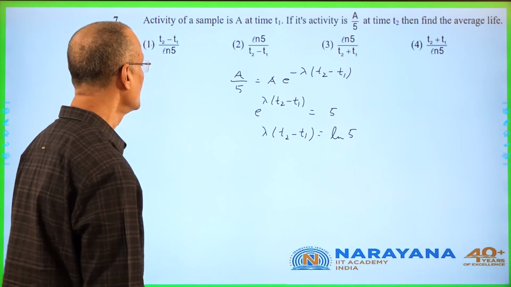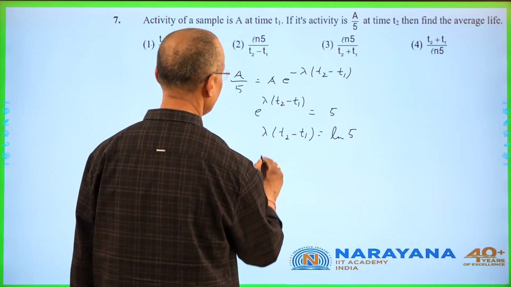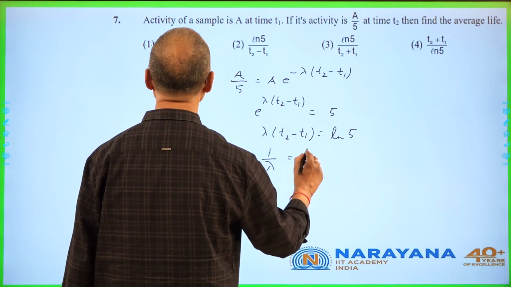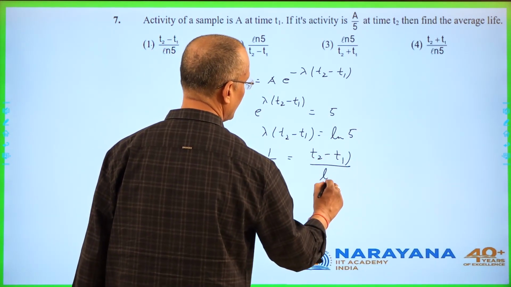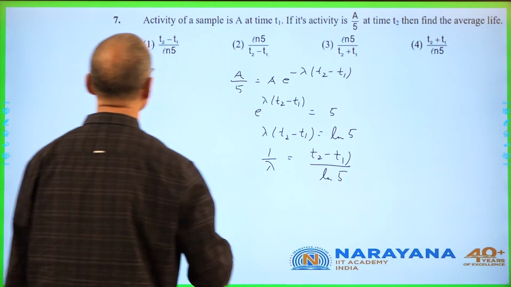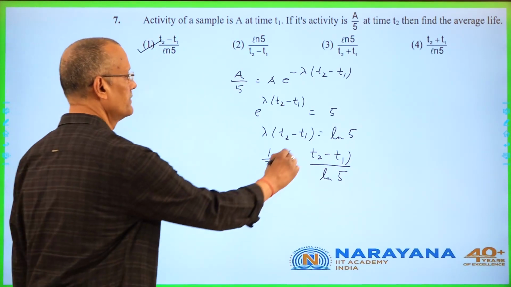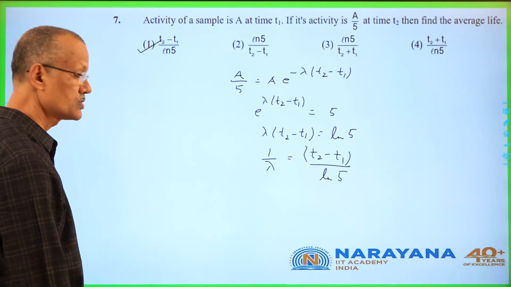You want 1 by lambda, mean life they are asking, you know. 1 by lambda will become t2 minus t1 by ln 5. Answer for question number 7 will be 1. It's a simple question. I hope you have clearly understood.